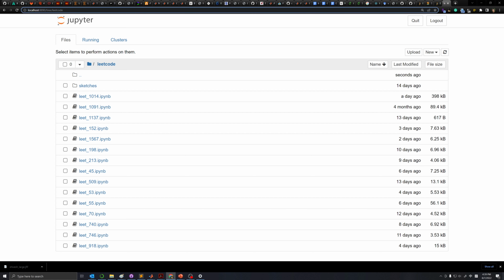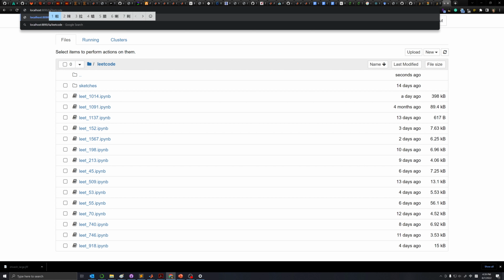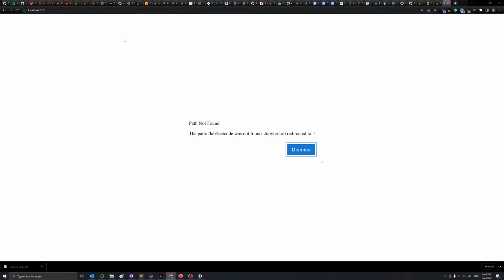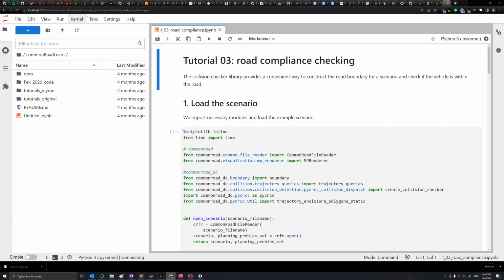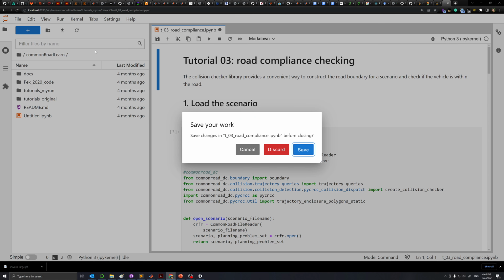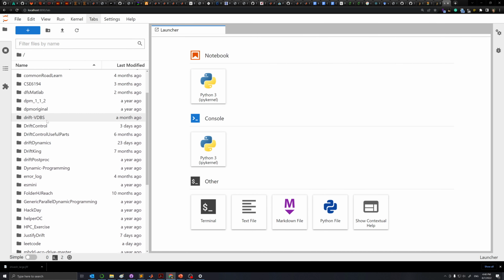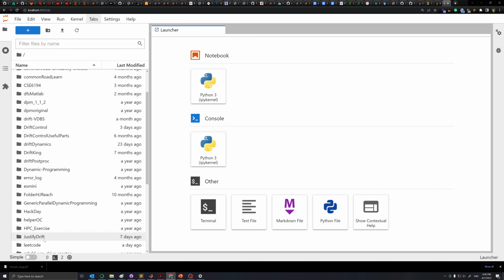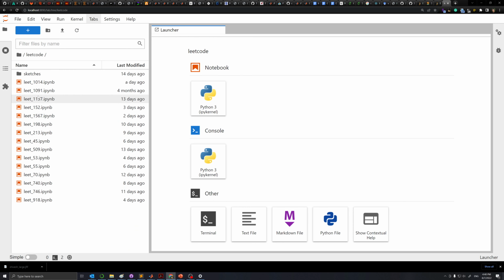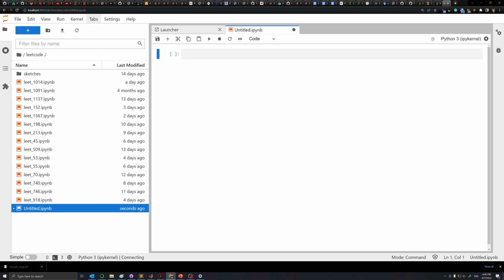Actually, we want to go to Jupyter Lab. Not found, but okay, we're in a different folder. Let's get into our LeetCode folder, and then start a new notebook.